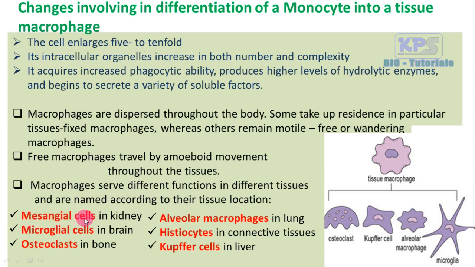First of all, the mesangial cells are the macrophages present in the kidney, whereas microglial cells are present in brain, osteoclasts present in bone, alveolar macrophages present in lungs, histiocytes present in connective tissues, Kupffer cells present in liver. So tissue macrophages are of different types. This classification is based on their location or the tissues in which they are residing.